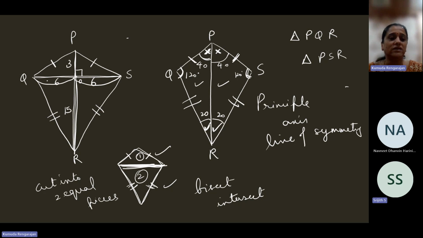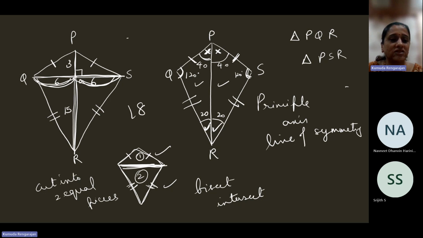So in the shorter diagonal, QO is equal to SO. If the shorter diagonal is 12 centimeters, then 12 by 2 is 6. QO is 6, SO is 6. But the longer diagonal PR, supposing it is 18, it will not be 9, 9.